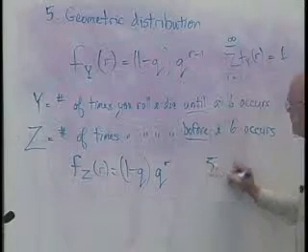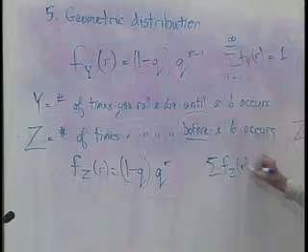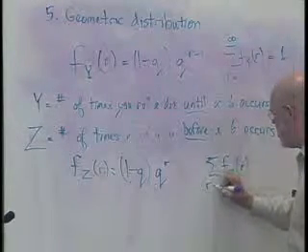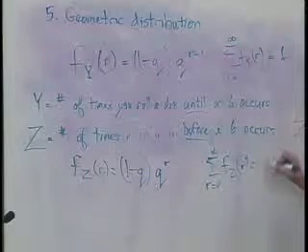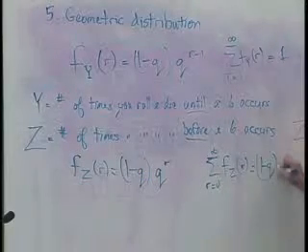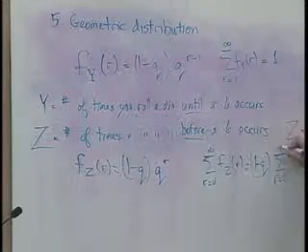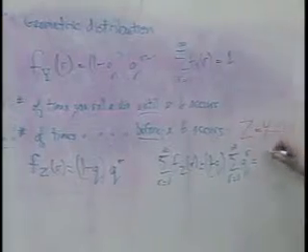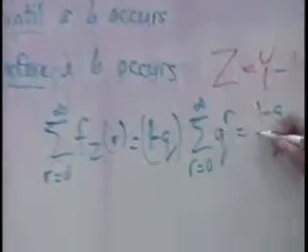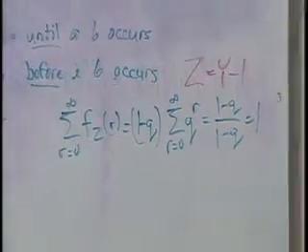Whereas here, the sum of the mass function for the random variable z from 0 to infinity, which is 1 minus q times the sum from r equals 0 to infinity of q to the r, is, of course, 1 minus q over the sum of this series, which is 1 over 1 minus q, which is 1.